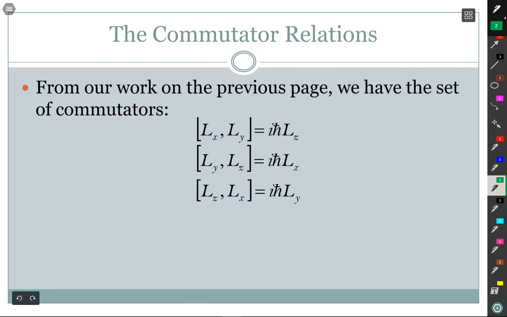So here are the three solutions from our previous page. Of course, we only did the first one. The other two we intuited. So that's something useful. What does that tell you, though? What does this tell you? What does it mean?